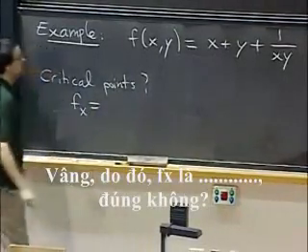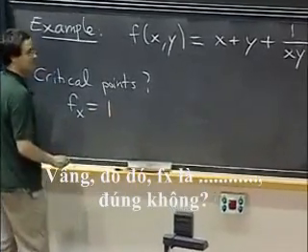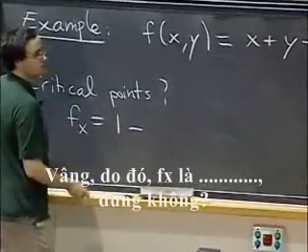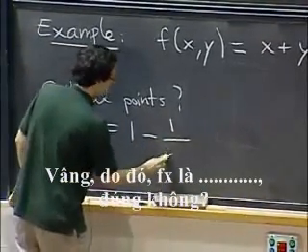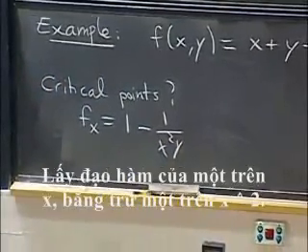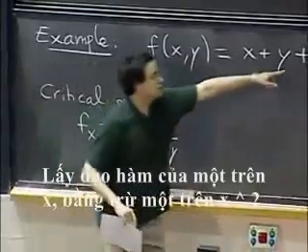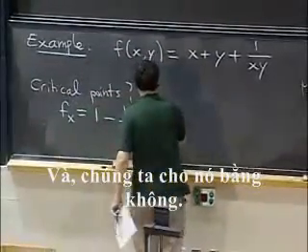Okay, so f sub x is 1 minus 1 over x squared y. Take the derivative of 1 over x, that's negative 1 over x squared. And we'll want to set that equal to 0.